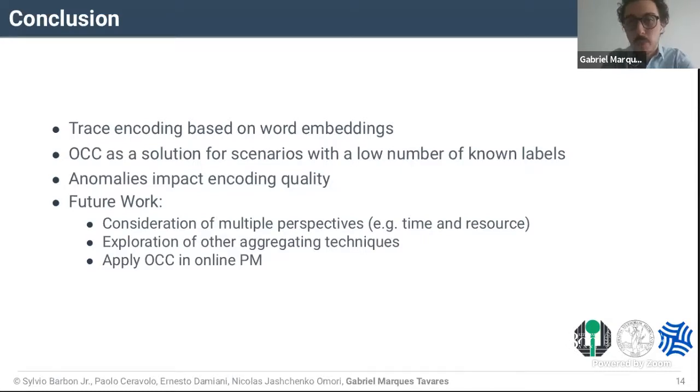Yes, thank you for your question. It's an interesting point. But in this method we are proposing, there are actually no heuristics in the sense of choosing a threshold, because our encoding method is a self-supervised encoding method. It's only based on the traces, and from these traces Word2Vec can produce these encoding vectors, which will later be used for one-class classification.